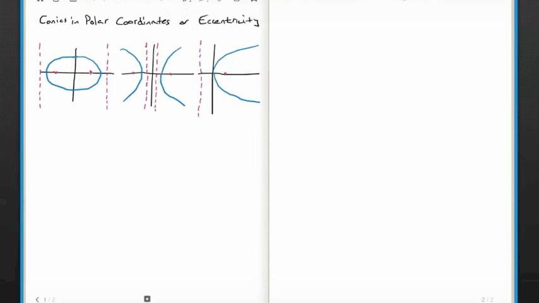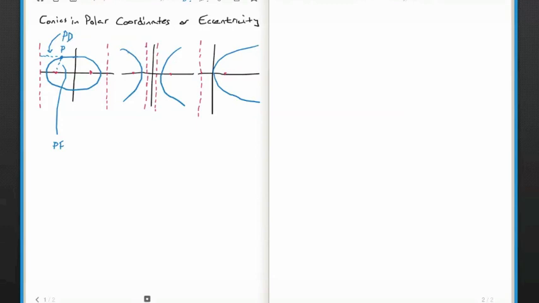And more importantly, if I took some random point on the curve and called that P, and I drew two distances here, one of them I'm going to call PF, because it's the point to the focus. And then this one up here I'm going to call PD, for point to directrix.